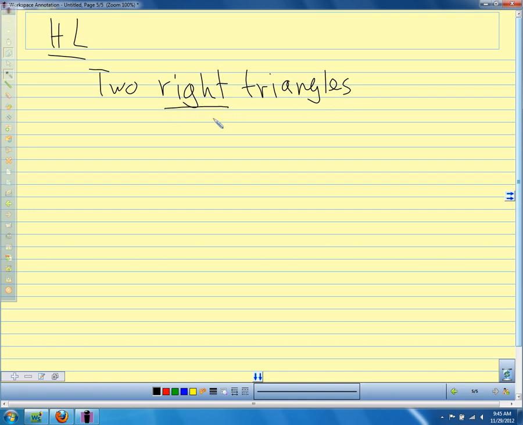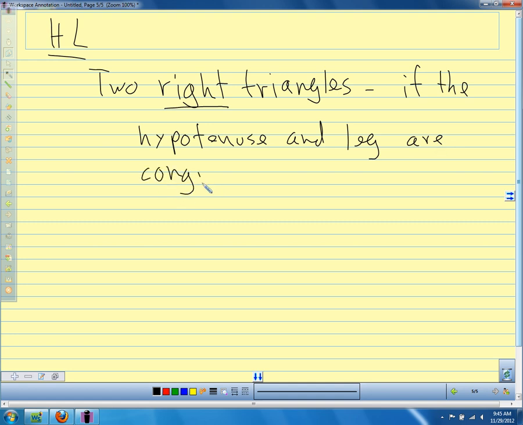Hypotenuse leg has to be with a right triangle. Two right triangles. If the hypotenuse and leg are congruent, then the triangles are congruent.